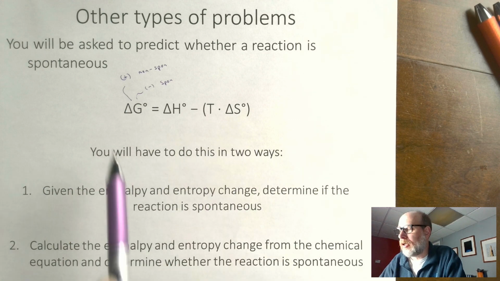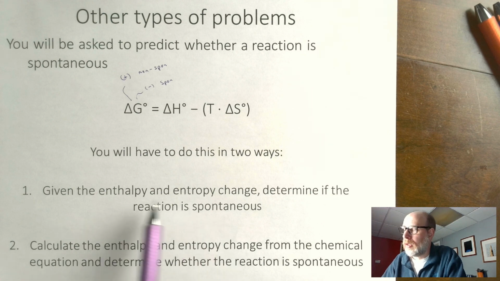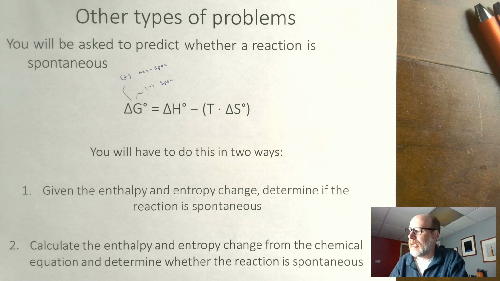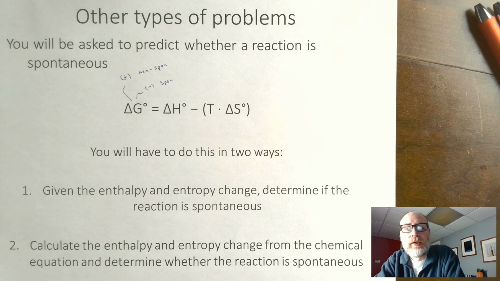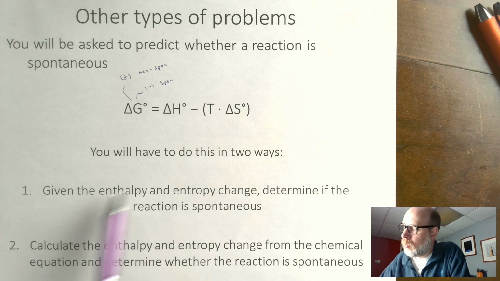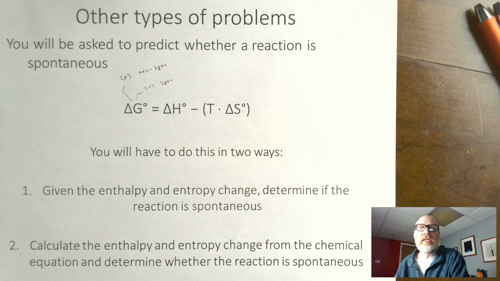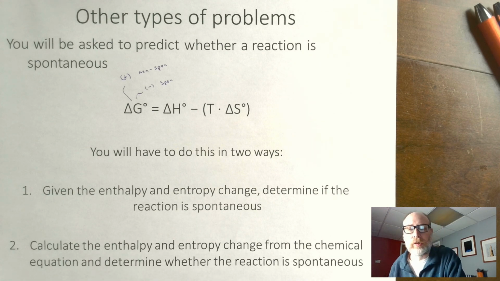Number one, we might just look at it through inspection, given the enthalpy and entropy change, or even just given the sign of the enthalpy and the entropy change, and determine if the reaction is spontaneous. Sometimes those will be straight calculations. Other times you have to visually inspect to figure that out. And then next, can we calculate enthalpy and entropy changes from a balanced chemical equation and then determine whether that reaction is spontaneous?